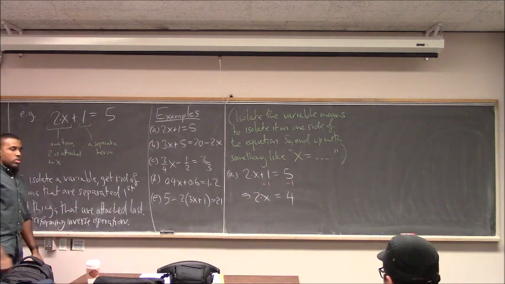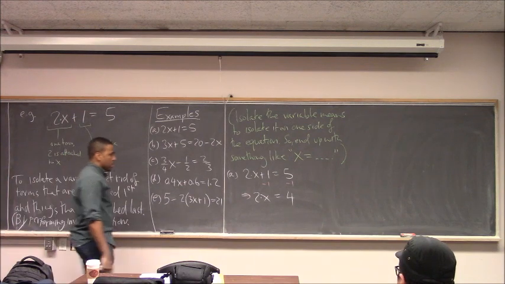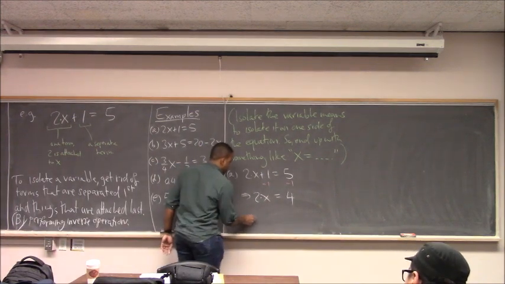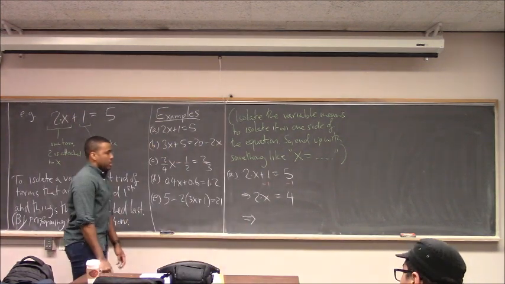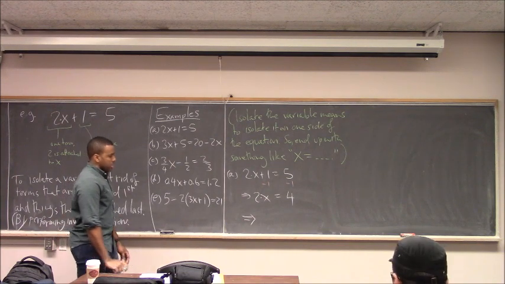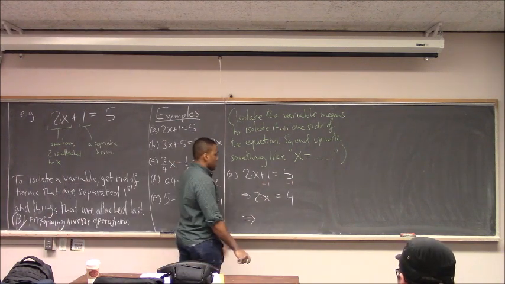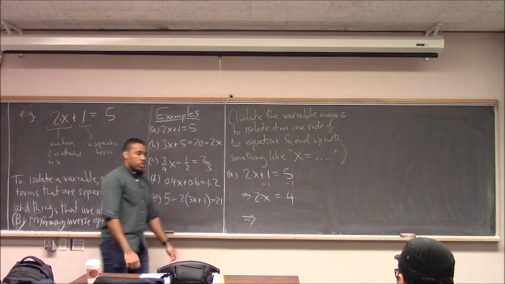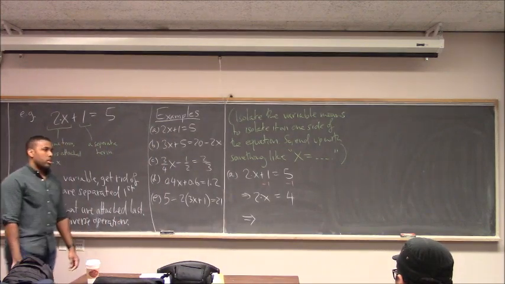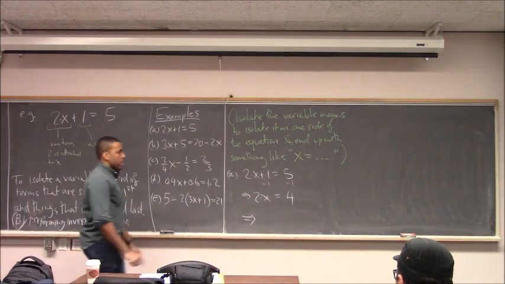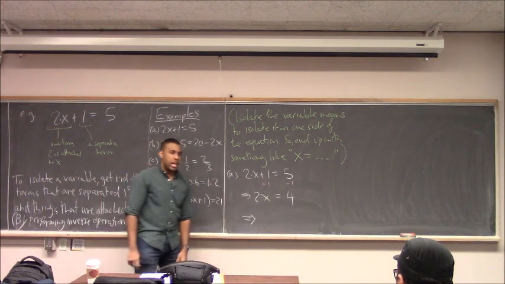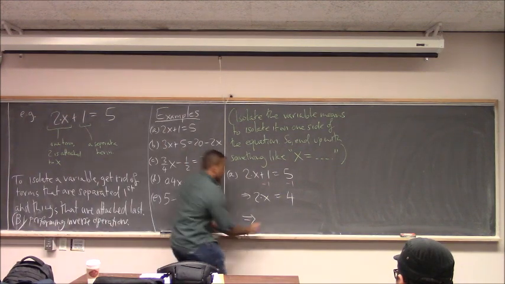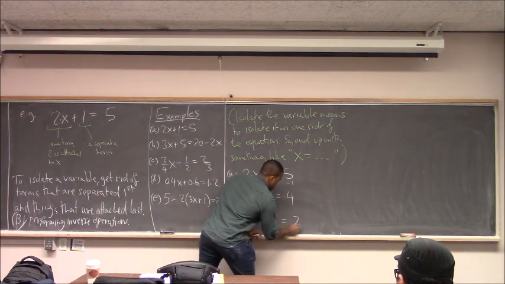I can undo that attachment by doing the inverse of the multiplication. So instead of multiplying the x by 2, I can divide the x by 2. But because it's an equation, property 3, I think, would say I have to do it to both sides in order to maintain the equation. So I end up with x equals 2.